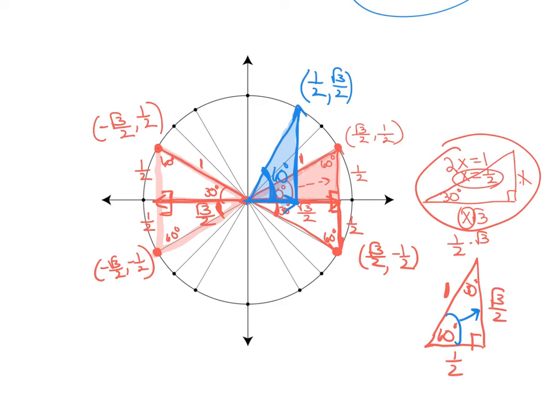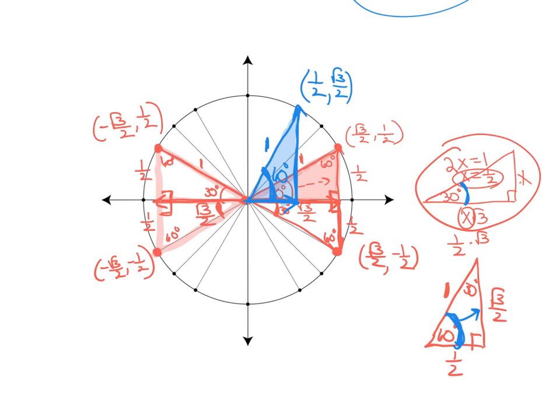Notice all that happened there with your coordinates. They flip-flopped. Why? Because we flipped which angle was on the inside, okay? Originally it was the 30, and now it's the 60. So you're just flip-flopping those sides. The hypotenuse had to stay there because that's your radius. Remember, your radius is always 1.